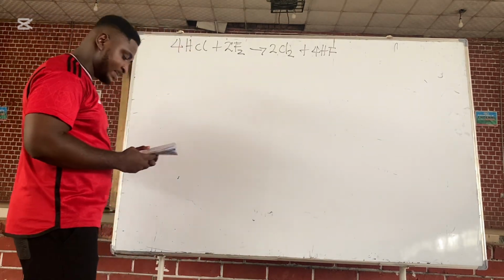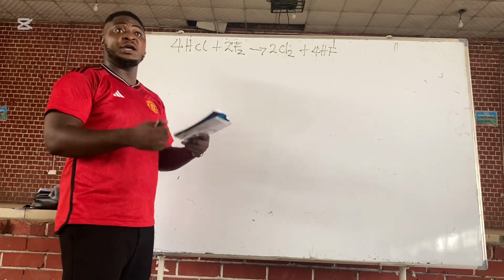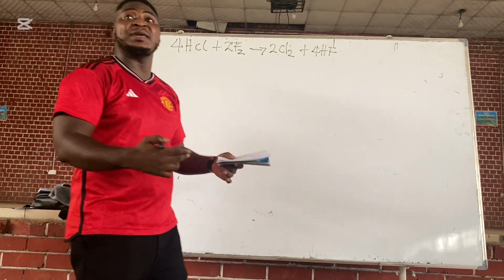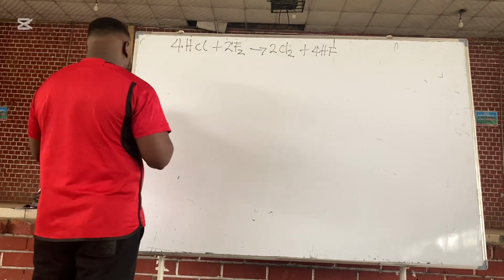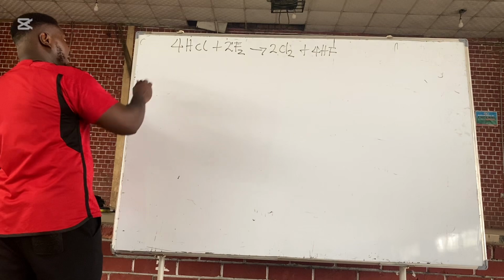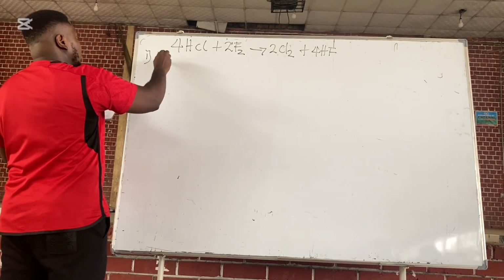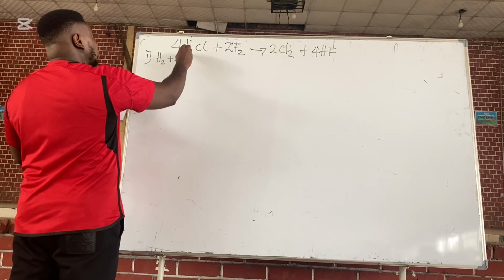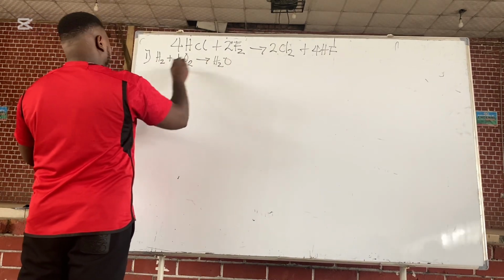Are you ready? Given the following equations and their respective enthalpy changes. Equation 1: H2 plus 1/2 O2 to give H2O.